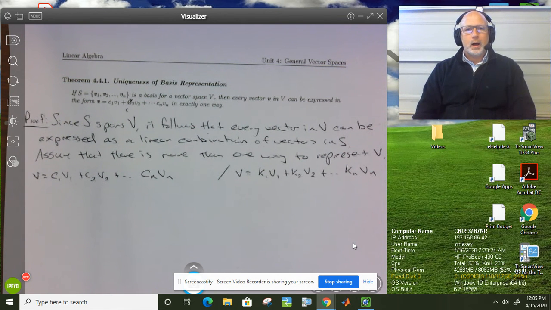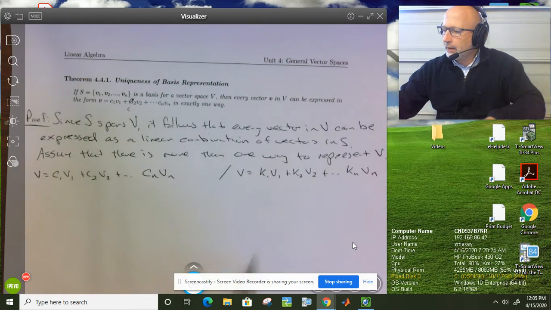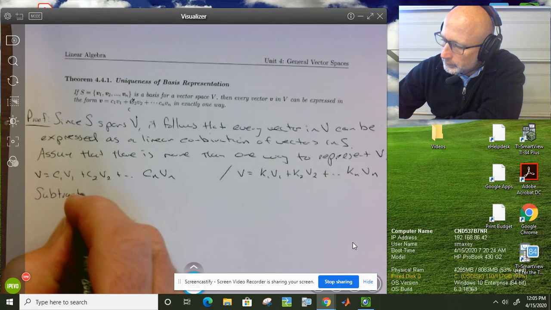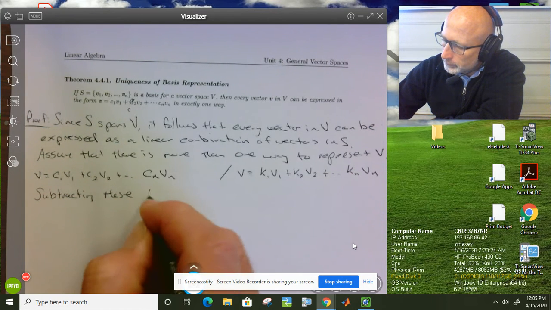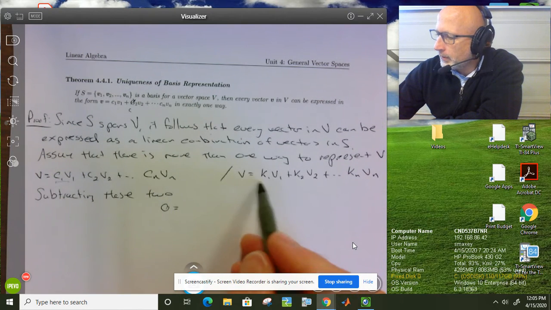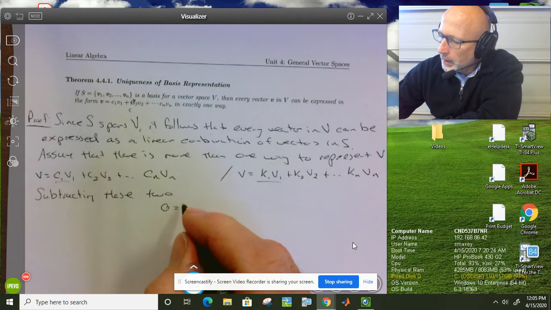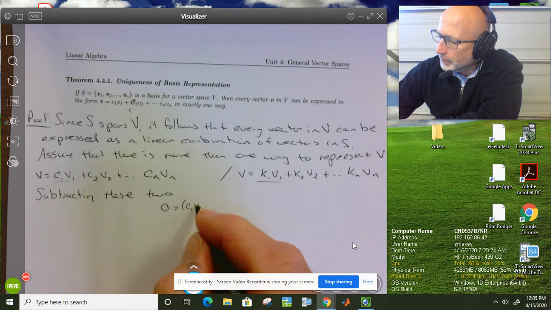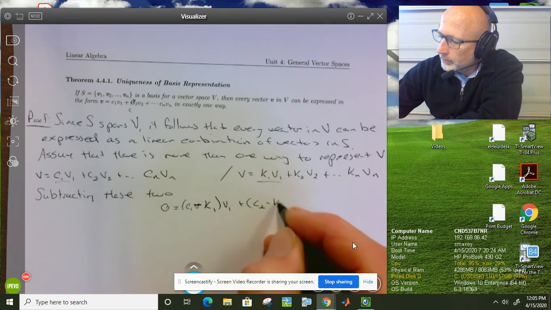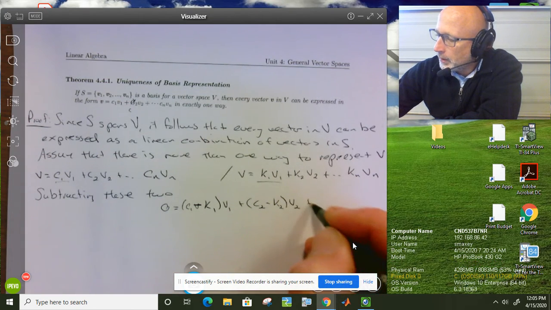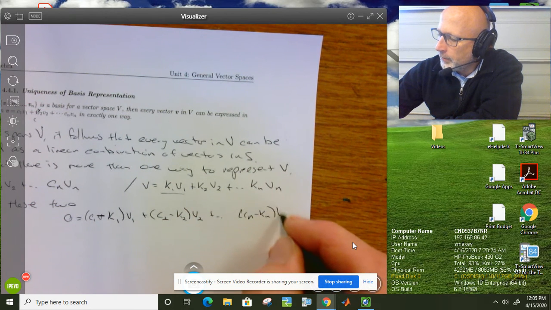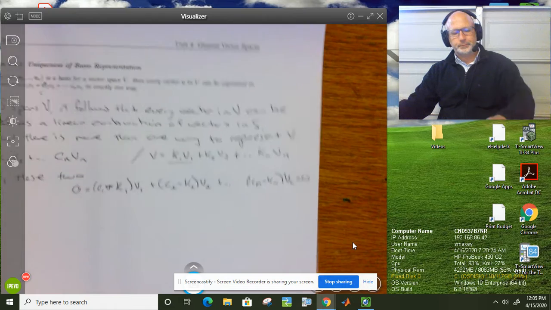Now I'm going to subtract the two equations. So I take V minus V and I get 0. Subtracting the two, I get 0 equals c1 v1 minus k1 v1, factor out the v1, and you have (c1 minus k1) v1 plus (c2 minus k2) v2, and then all the way up to (cn minus kn) vn, and that should be equal to 0.